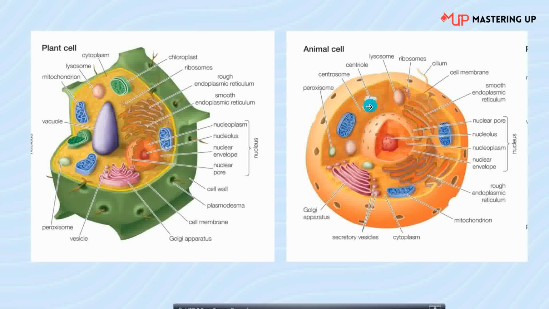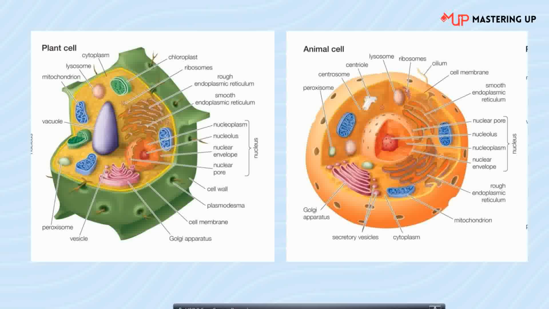Here you can see microtubules arranged in a specific way to form a centriole. In the cell division part we will discuss that. Ribosomes are also present outside the rough endoplasmic reticulum. So basically this is the structure of plant and animal cell.